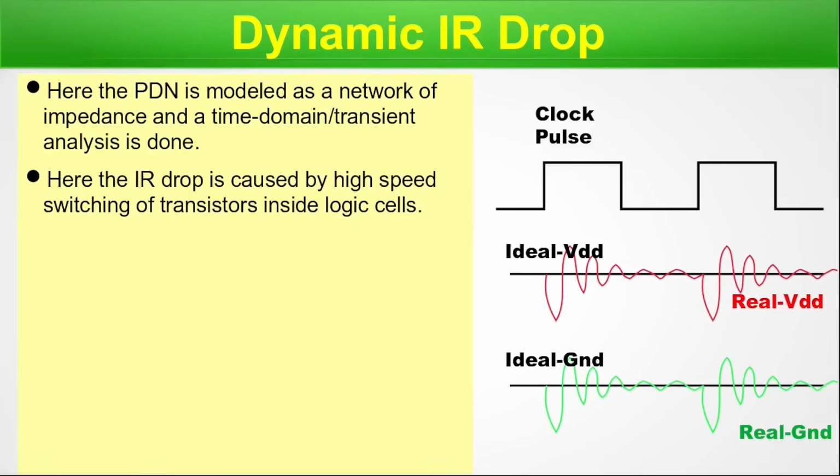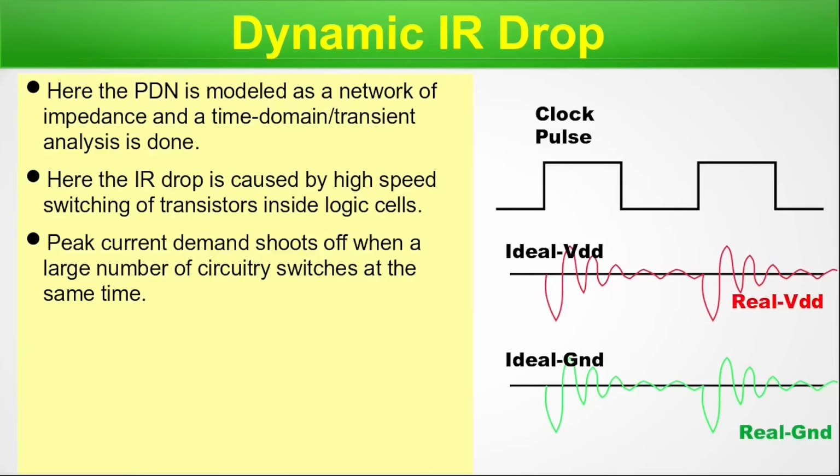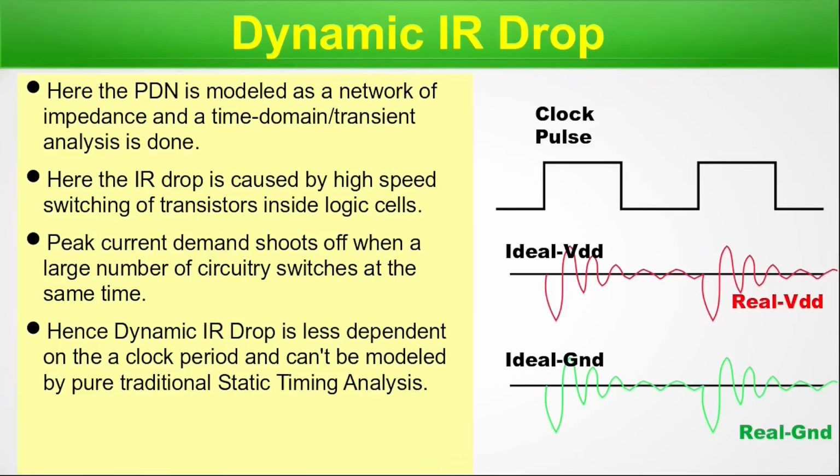Here, the IR drop is caused by high-speed switching transistors inside logic cells. Peak current demand shoots up when a large number of circuits switch at the same time. Hence, dynamic IR drop is less dependent on the clock period and can't be modeled by traditional static timing analysis.